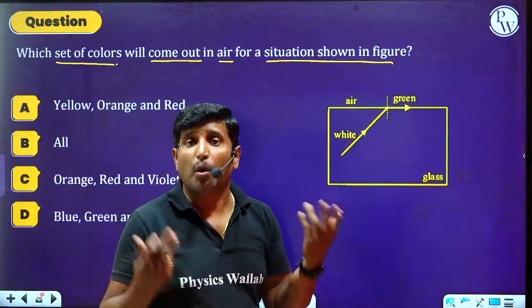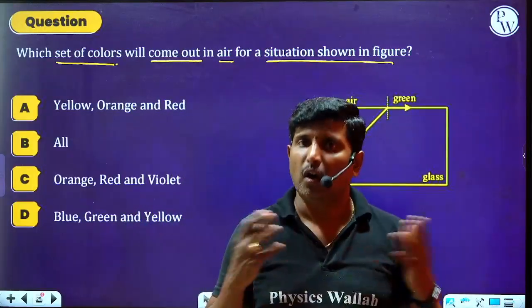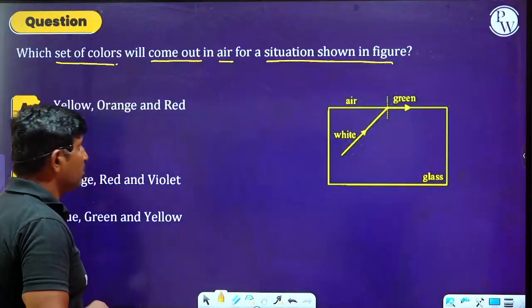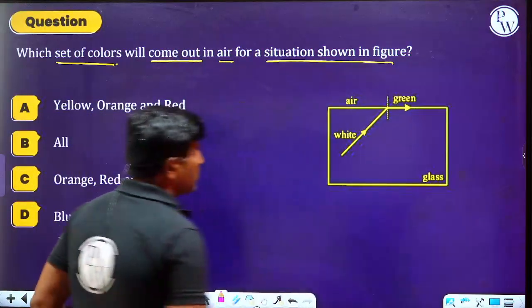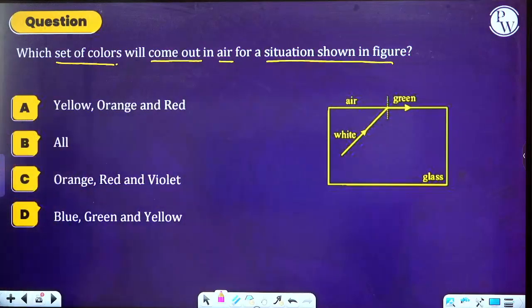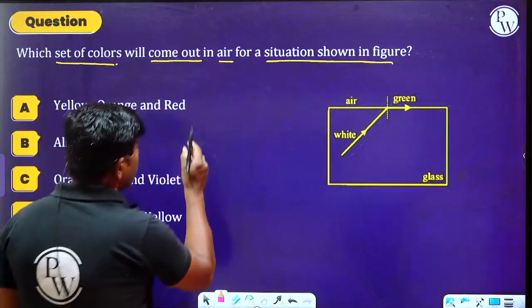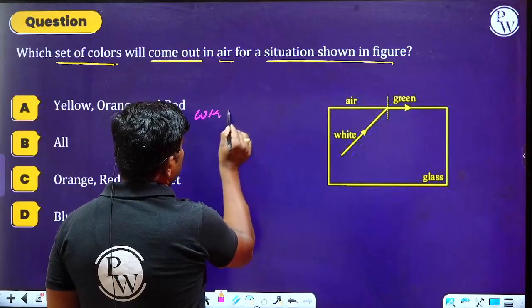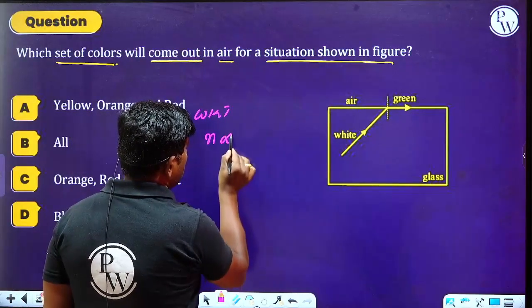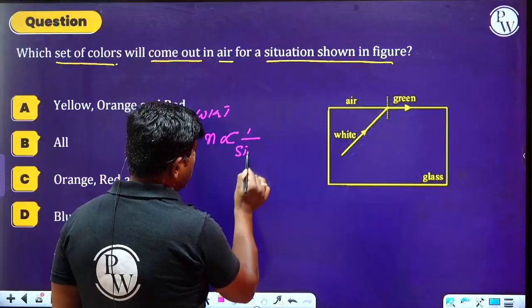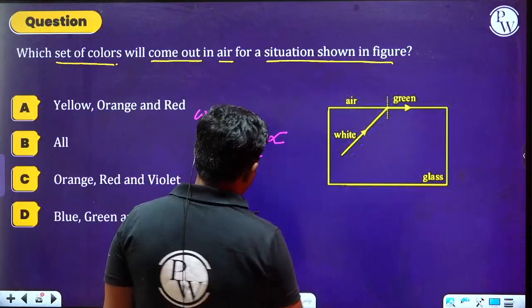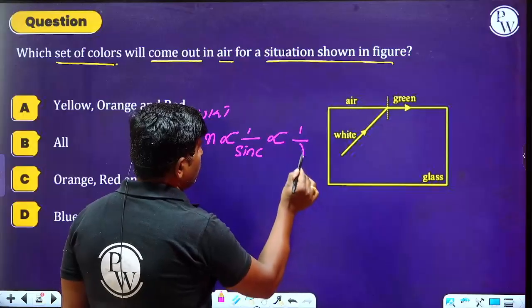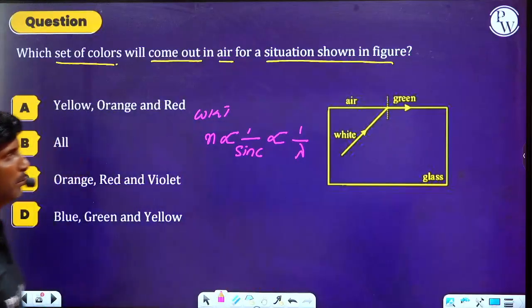White light is a composite light which consists of all the colors, VIBGYOR. Please analyze this question here. Green light is grazing. So we know that refractive index is 1 by sin C, and it is proportional to 1 by lambda.